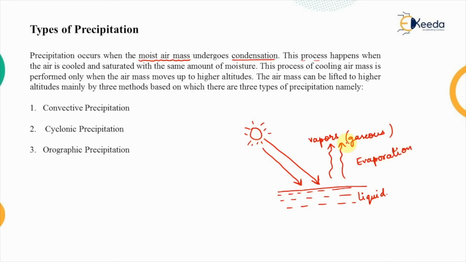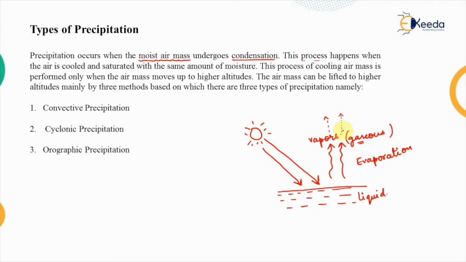Now, these vapors are present in the form of gas, which has negligible mass. Because of their low mass, these vapors tend to ascend to different altitudes.